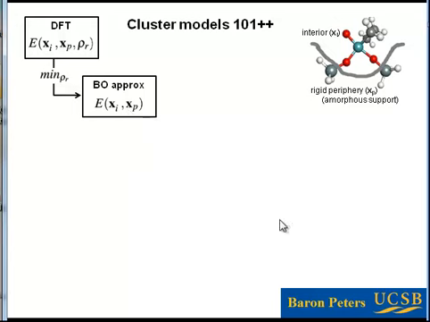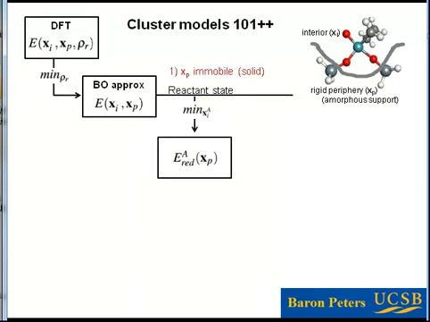Now, what we do is very standard. We have two different kinds of optimizations that we do. We fix these periphery atoms in place, and we do a minimization to get the reactant energy, right? So this is now my energy of the reactant state, and it no longer depends on the interior atoms because those have been optimized. It does depend on where I put those periphery atoms still.